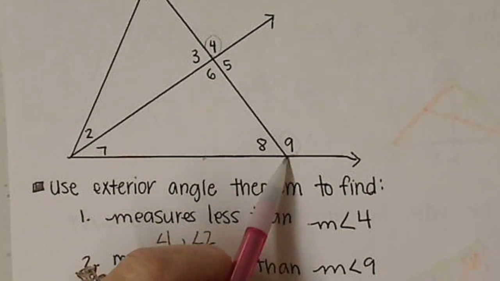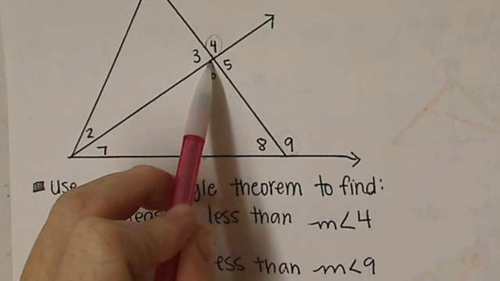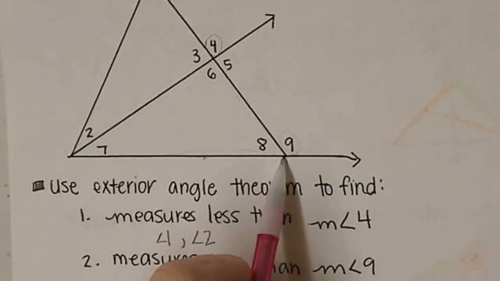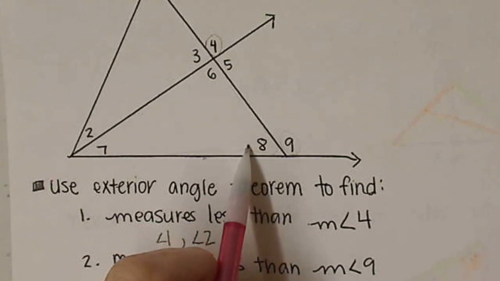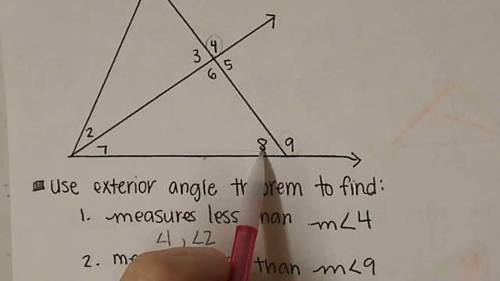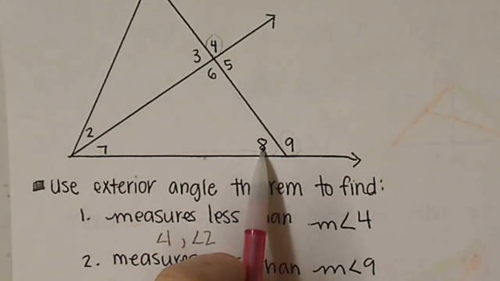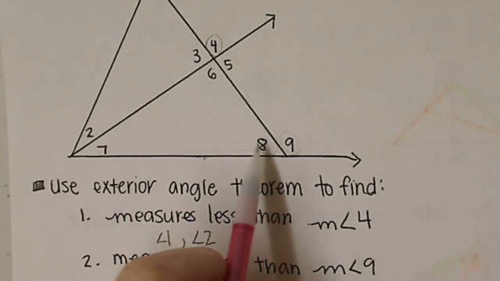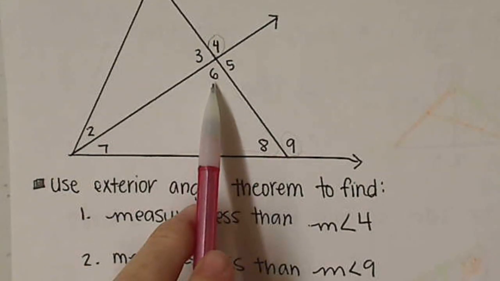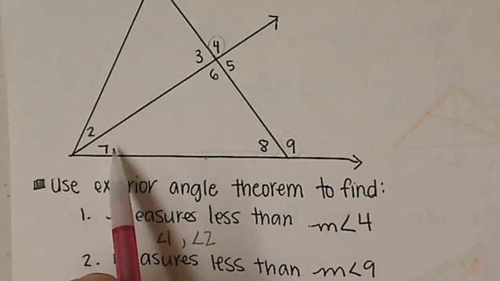So I am going to be looking at this triangle right here. I cannot count angle 8 because it's a linear pair. Even though it looks it, we're not going to count it because we can't assume. But we can count these two remote interior angles, angle 6 and angle 7.